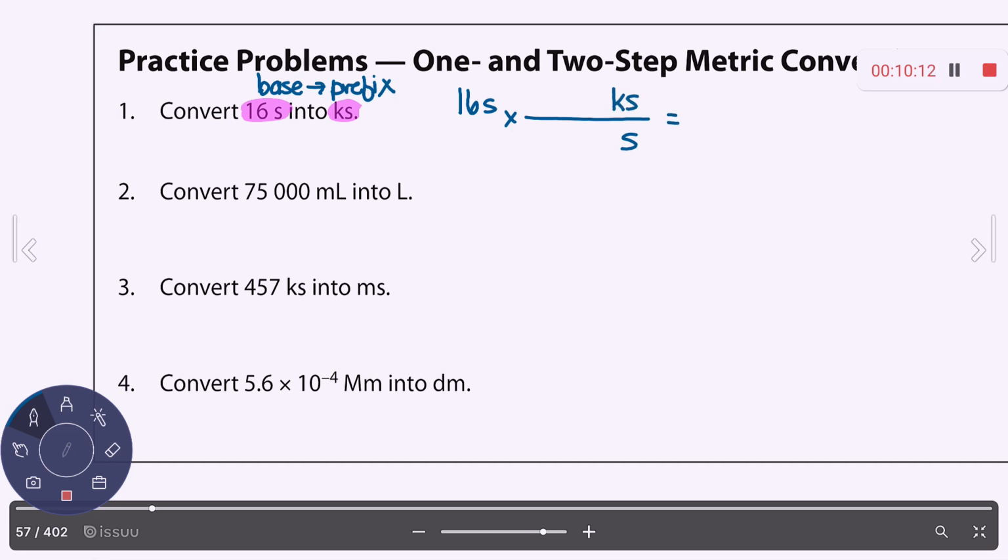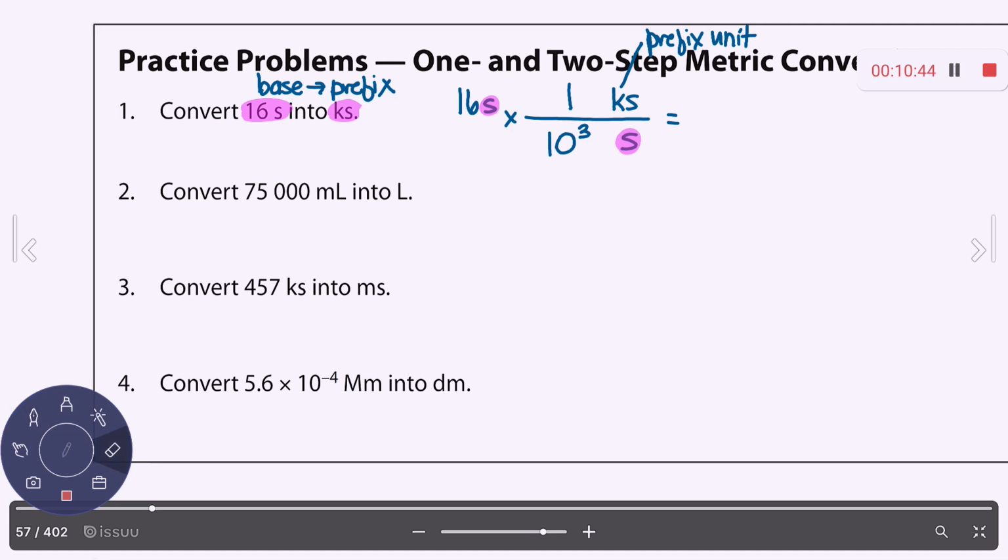Kiloseconds is up on top. Okay, so I'm just emphasizing the fact that these units that I've highlighted have to match in order to cancel. Where would I put the number 1? On the top, because this is where your prefixed unit is. Okay, then you're going to look at the table for kilo. What power of 10 corresponds to kilo? 10 to the third. So you're going to write 10 to the third on the bottom.